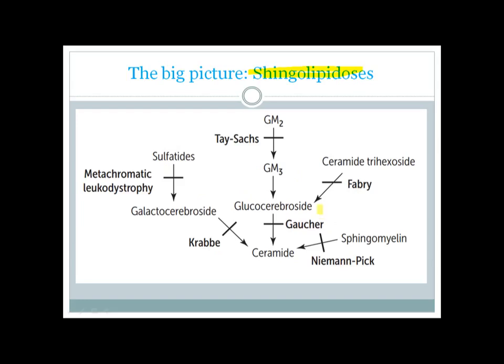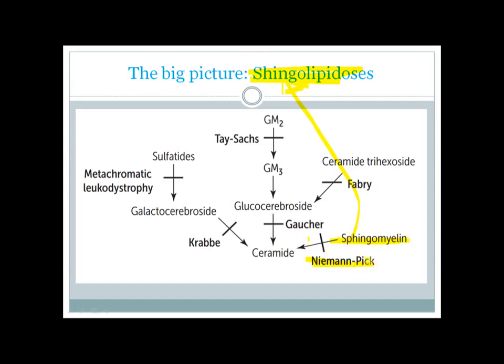First, if I ask someone named Niemann, hey Niemann, please pick a sphingolipidosis, he would pick a disease where there is deposition of sphingolipid, which is specifically sphingomyelin. So you see the resemblance. Picking a sphingolipidosis should be sphingomyelin.